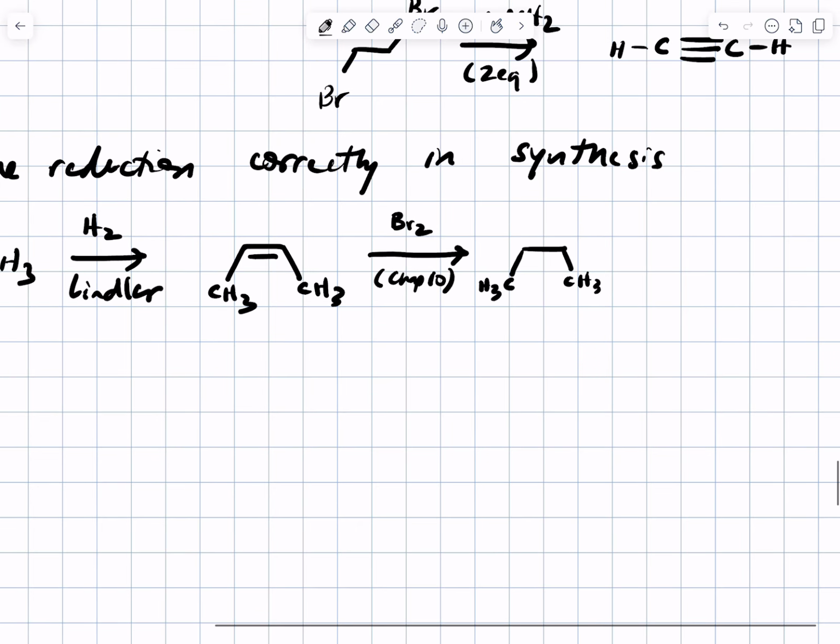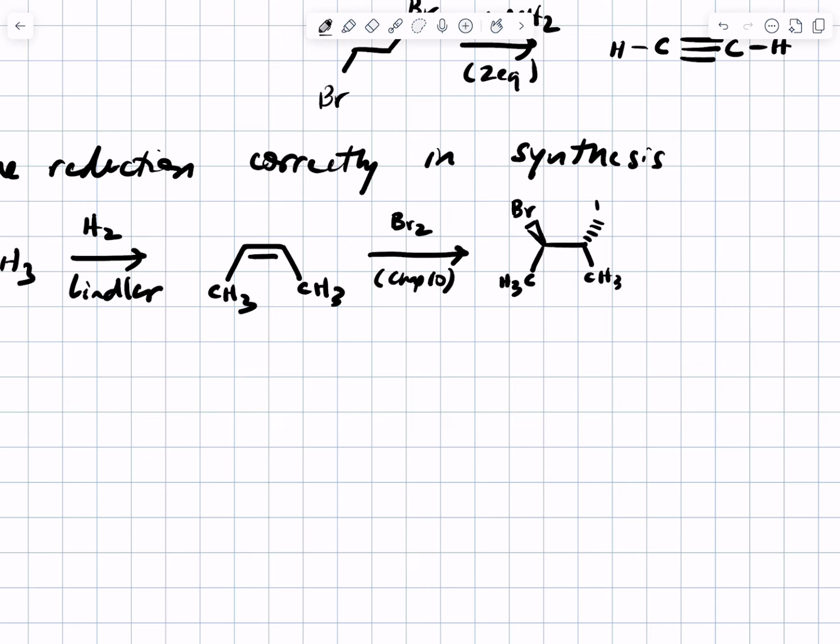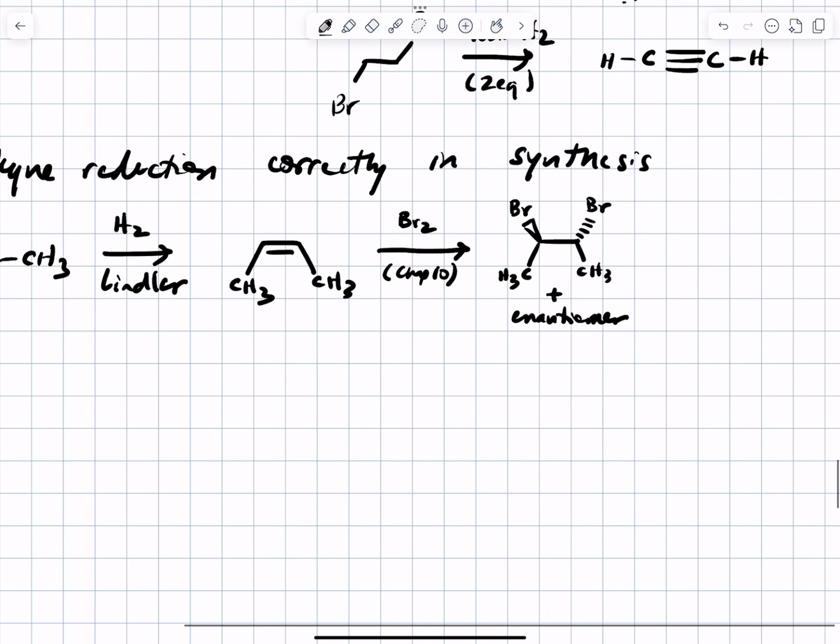And if you draw the molecule in exactly the same shape as the original alkene was, then you show the anti-addition product simply by having the Brs be on opposite sides. This product is chiral, and there is its enantiomer.